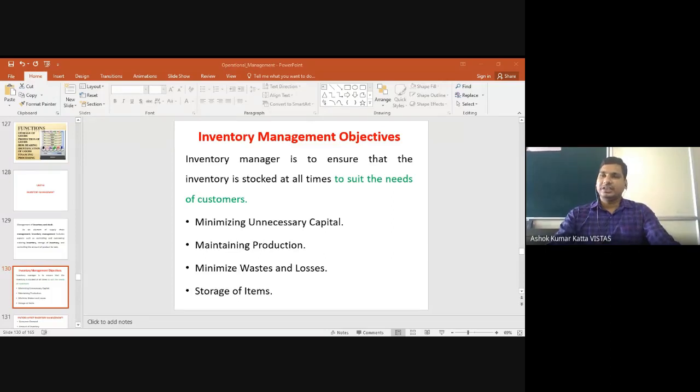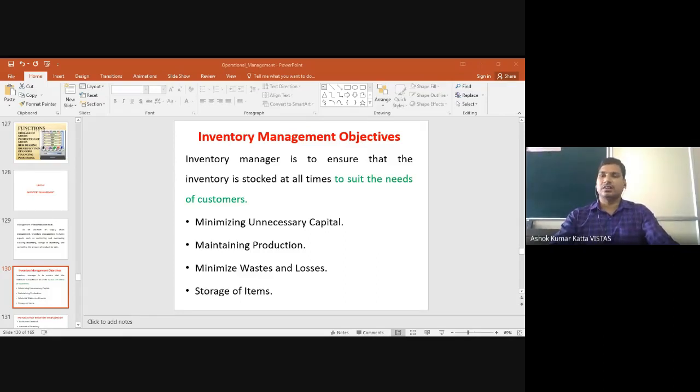So we need to know very clearly what quantity of amount we need to invest in our inventory, and what investment we can spend on buying inventory, because instead of buying a huge quantity you can spend a smaller amount and use the rest of the capital for some other purposes.